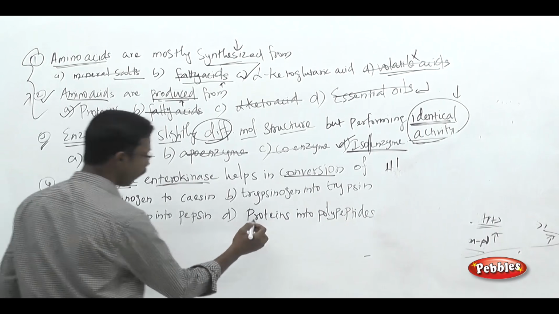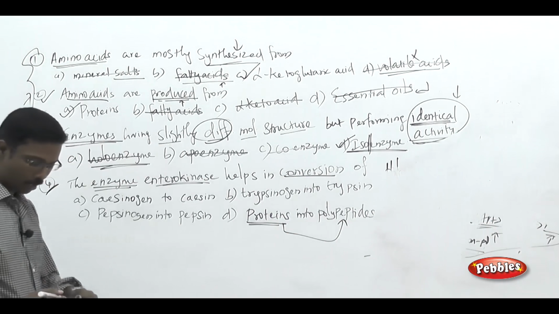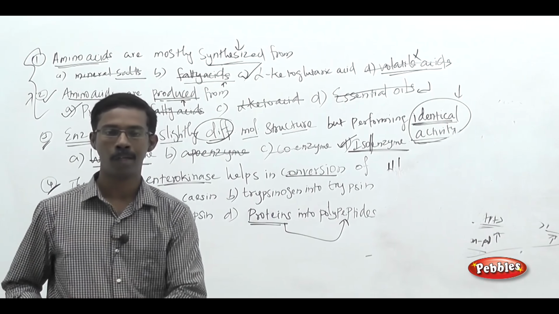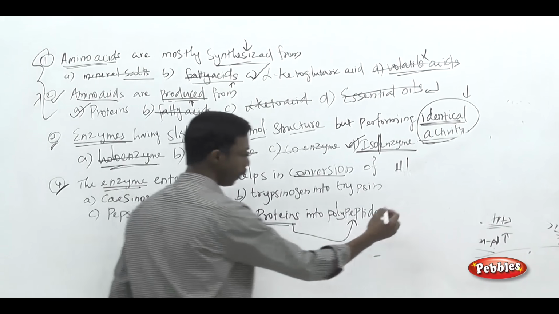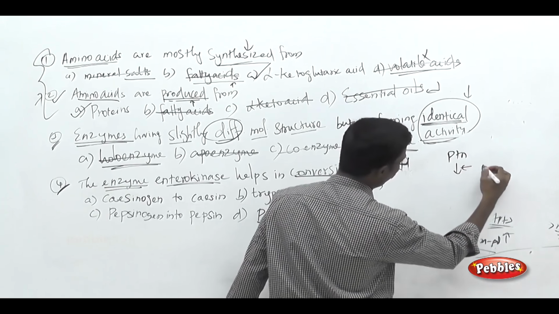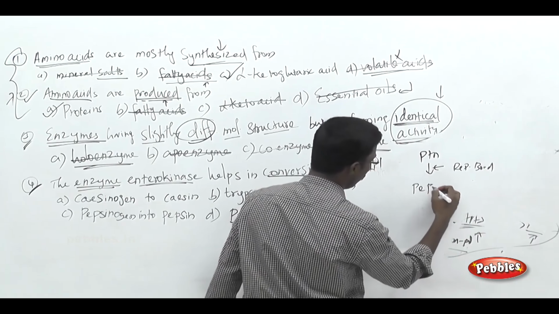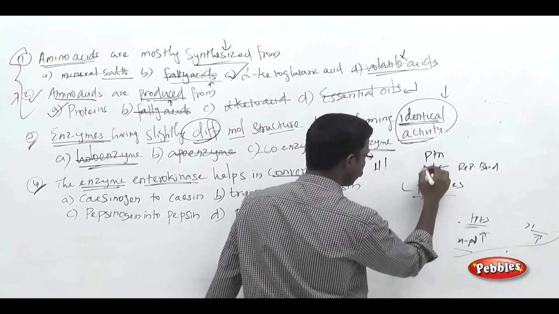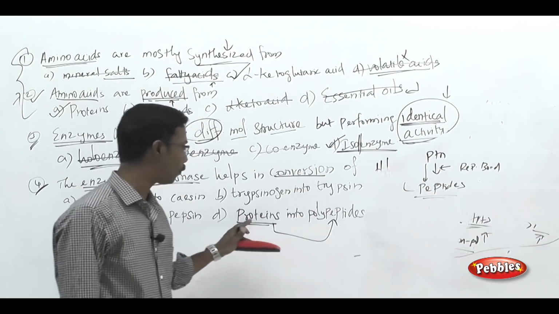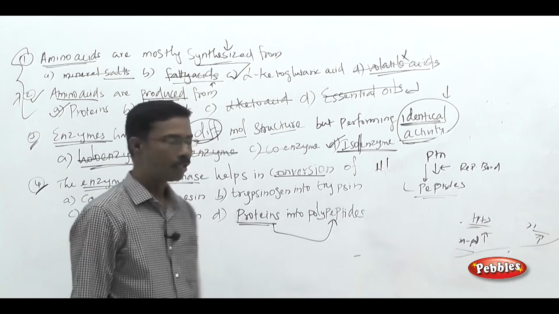Conversion of proteins into polypeptides means you digest the protein molecules and break the peptide bonds so that you get individual peptide units. Proteins into polypeptides: digestion of protein, the large proteins into individual units of polypeptides.